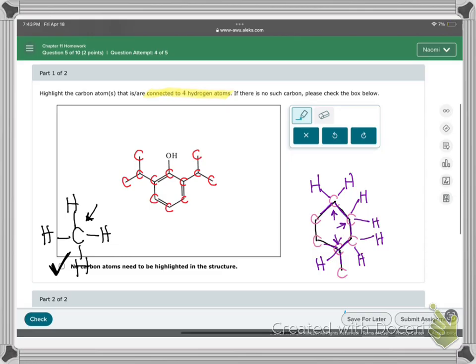So the first carbon, I'll make the hydrogens in a different color, would have 1, 2, 3, because it already has 1 bond. The next one has 3 bonds, so it would have 1. The top one has 3 bonds, so it has 3 hydrogens.